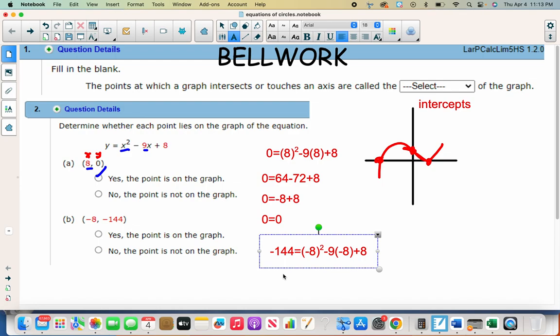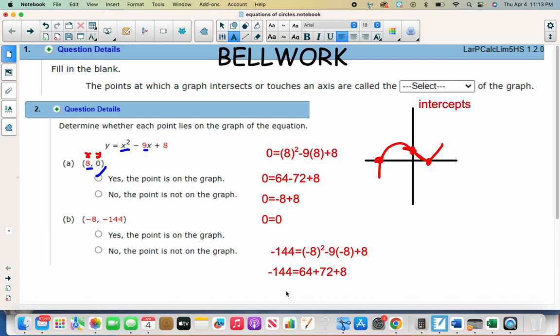All right, so do the math. Negative 144 equals positive 64 plus 72 plus 8.